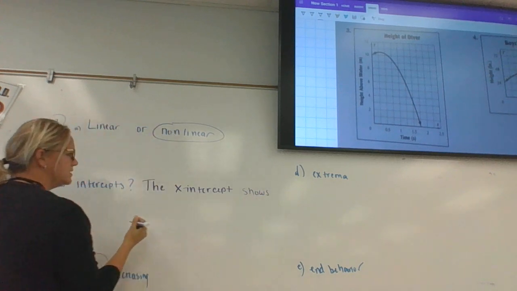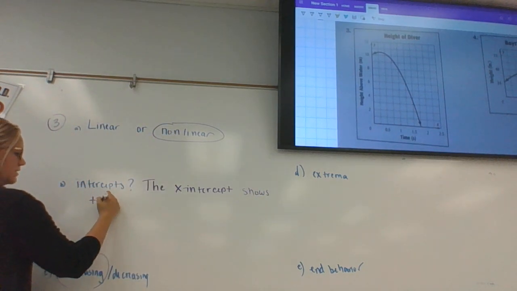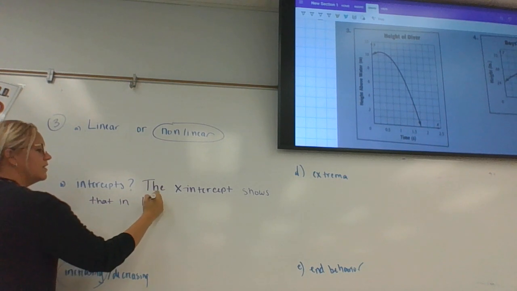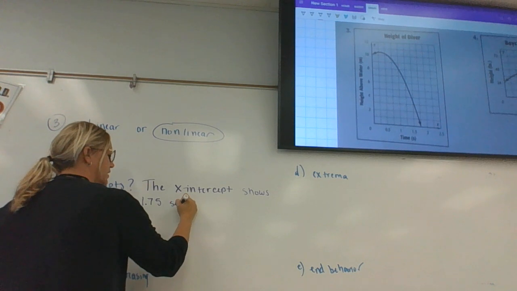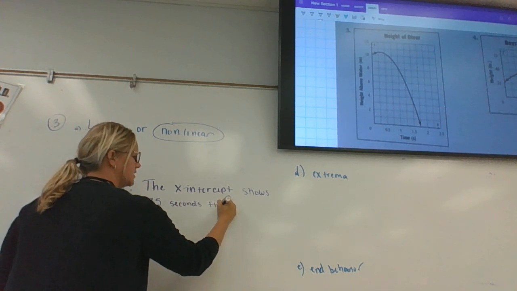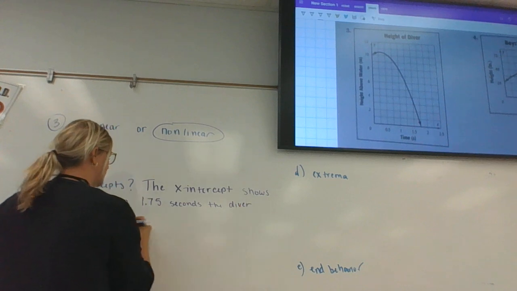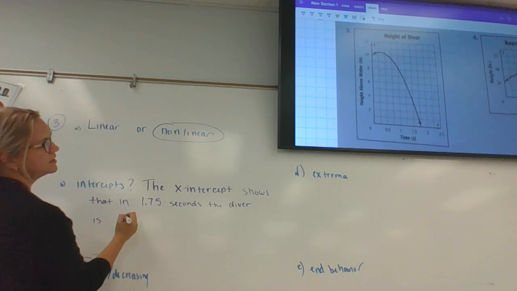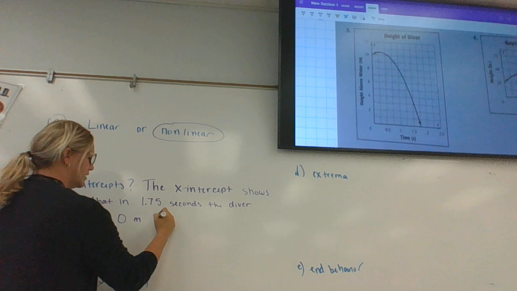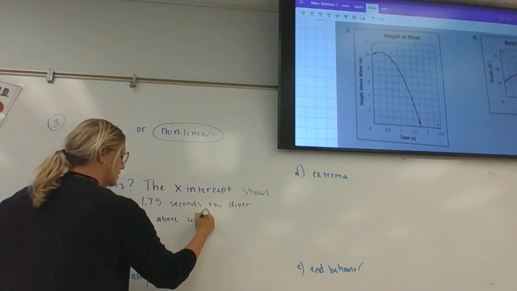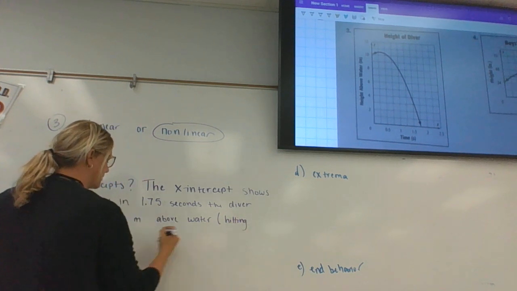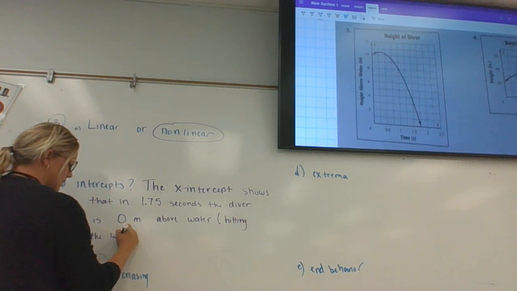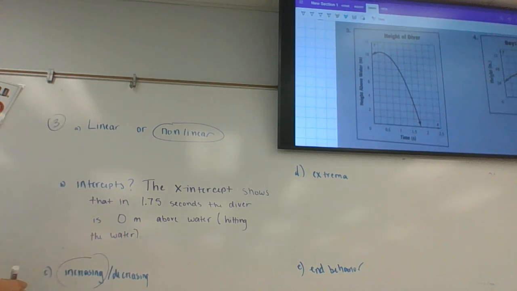So in a complete sentence, the x-intercept shows that in 1.75 seconds, the diver is 0 meters above water, which means the diver is hitting the water. 1.75 seconds is actually a long time to be in the air.